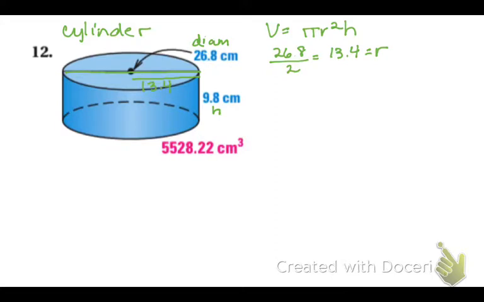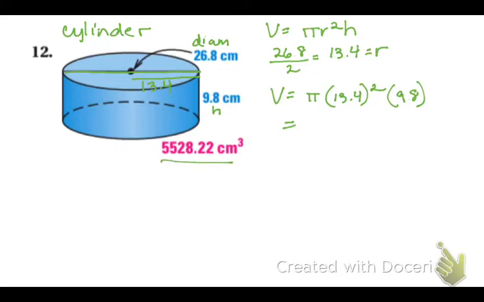So now we're ready to play. V equals pi, our r is 13.4 squared, our h is 9.8. So we have that, and that is equal to basically what it says down here.